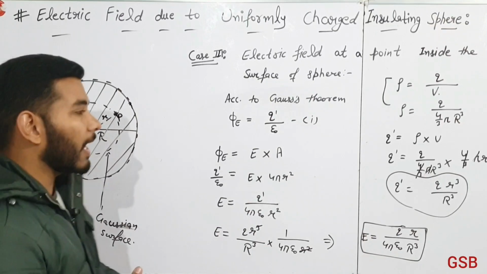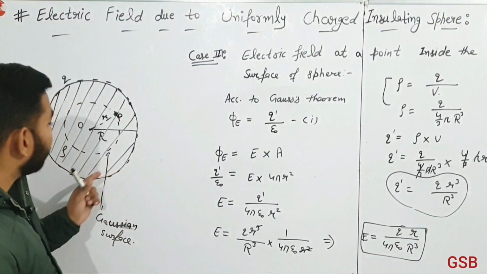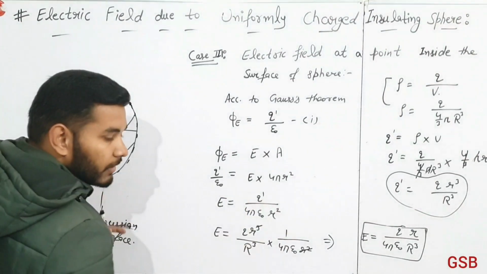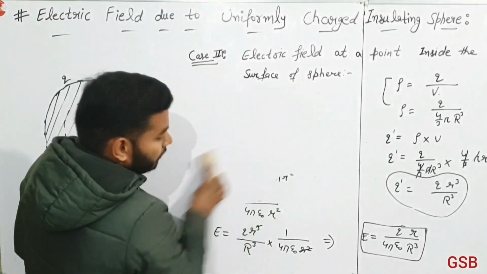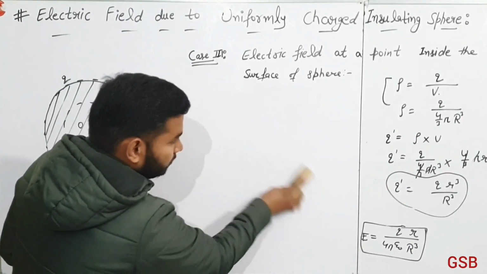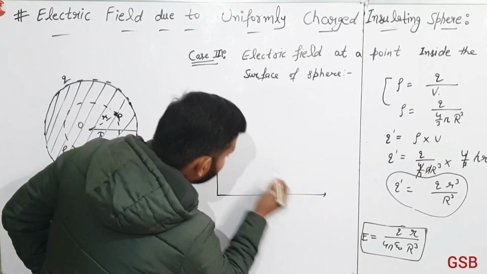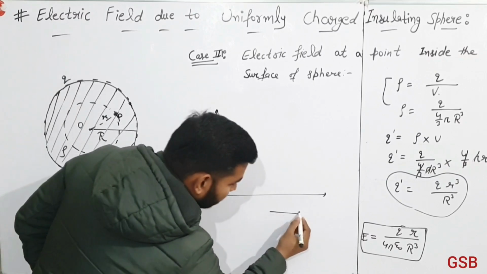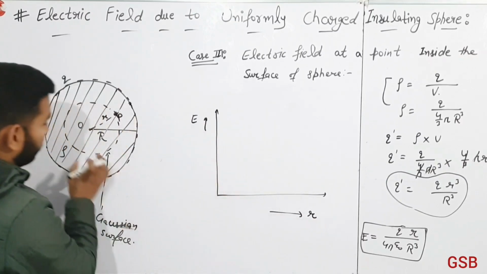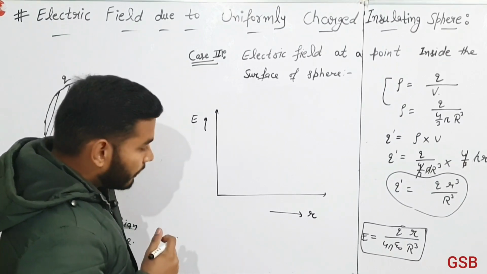Now we combine all three results. What is the relation between electric field and distance from the center of the given charged insulating sphere?